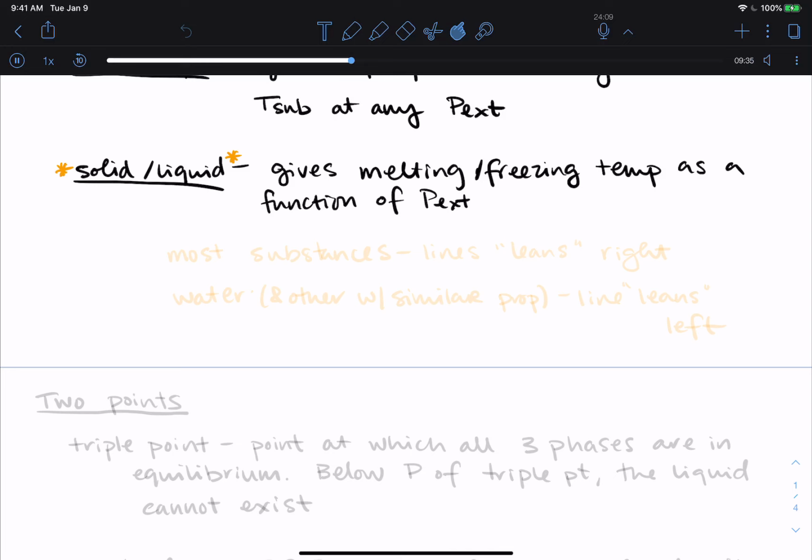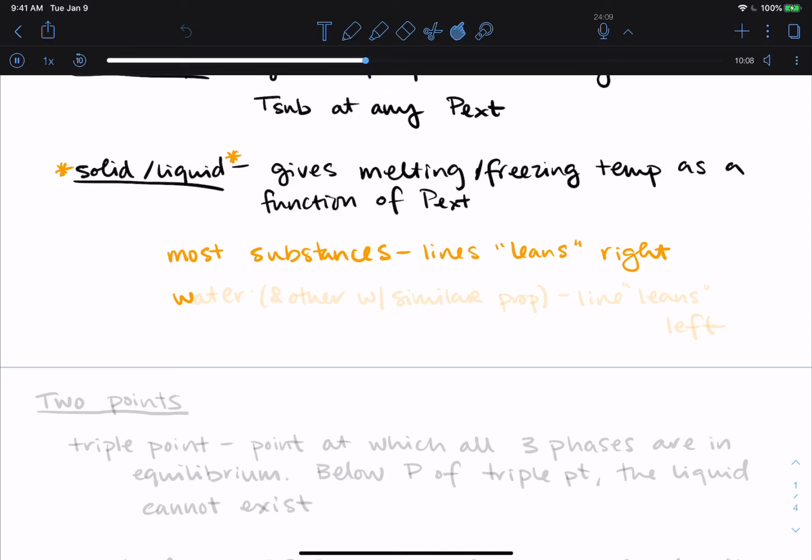So following the pressure, following the temperature. If something melts at a higher temperature at a higher pressure, so this is going to be most substances, this line, I'll put this in quotes, but we'll see it in the picture in a second, leans to the right, because as the pressure and the temperature go up, they have a direct correlation.